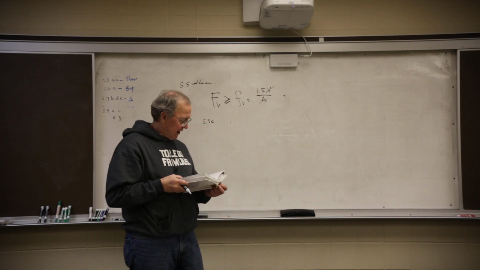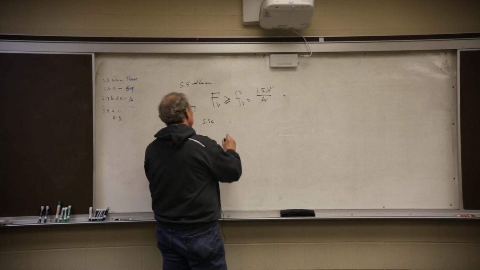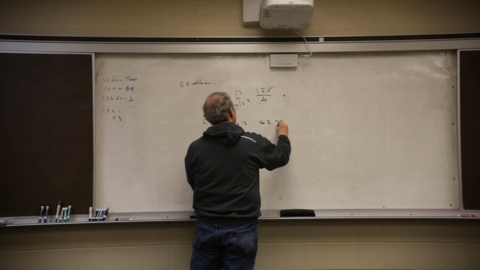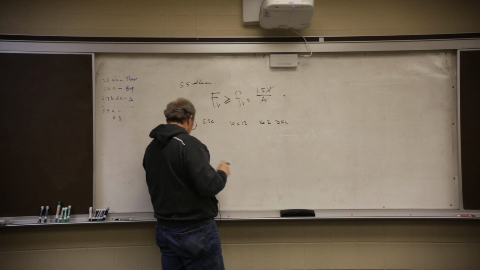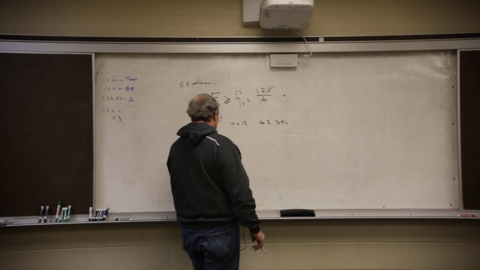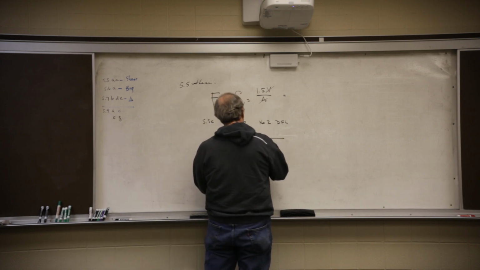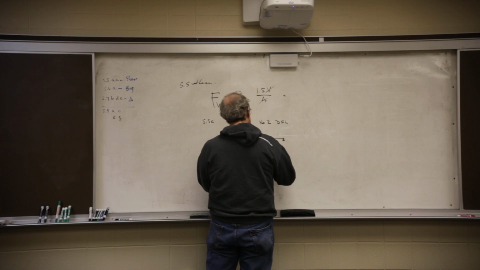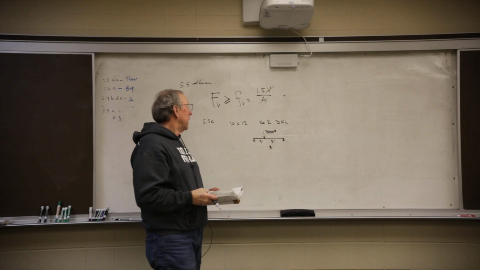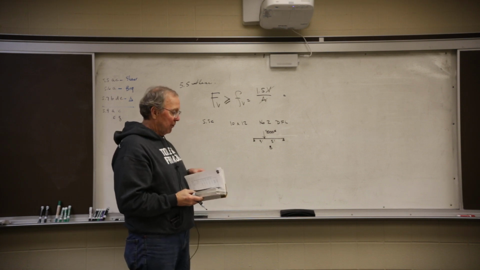It says I have a 10 by 12 beam, number 2, eight foot long and has a concentrated load of 8 kips, 3 foot from one end. 8 foot long. Okay, that looks like something I could do with the table too.